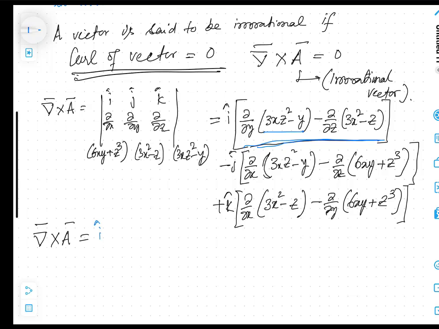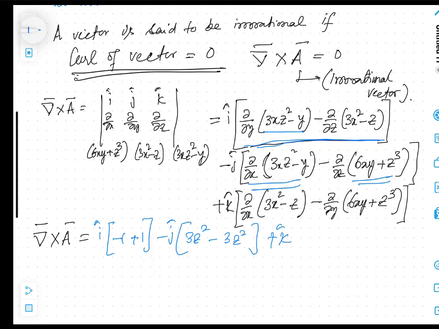So I have i cap, minus 1 plus 1, then minus j cap, del x of this term and del z of this term, which gives 3z square minus 3z square. Then plus k vector, del x of this term and del y of this term gives me 6x minus 6x. So I have 0 plus 0 plus 0, which gives finally curl of A to be 0.